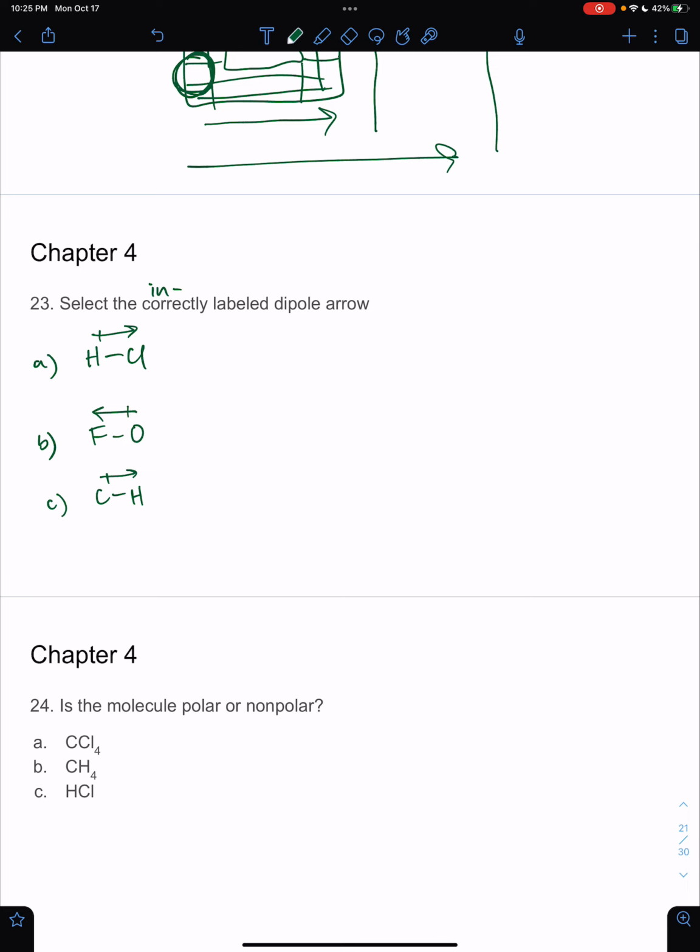Okay, so looking at these ones, we're always going to draw the dipole arrow from the less electronegative atom. I'm going to abbreviate that EN.